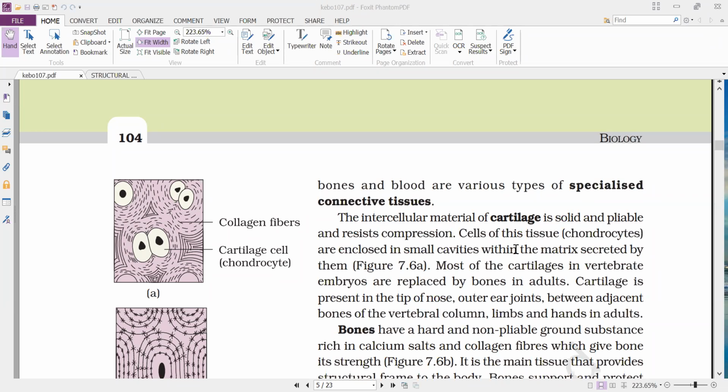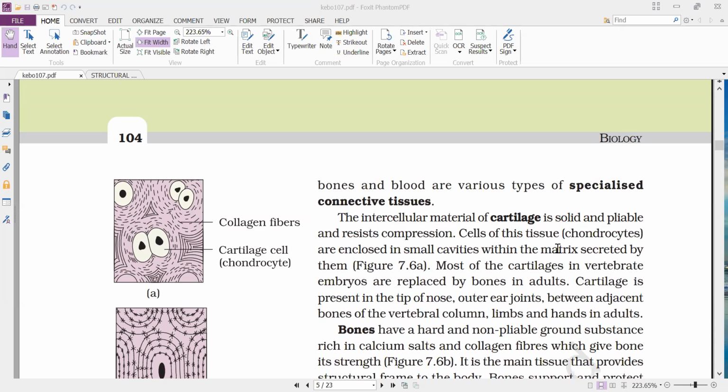Next, the cells of this tissue, which we call chondrocytes, are not secreting. Already I told you, when you use the term blast, it is the active cell involved in the production of matrix and fibers. If you use the suffix cyte, it represents the inactive form of that cell.